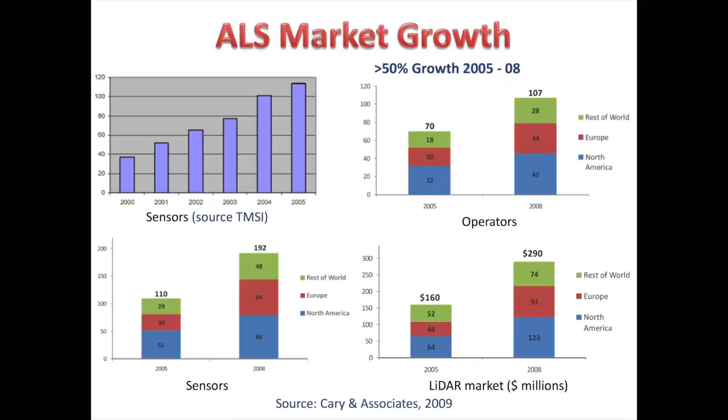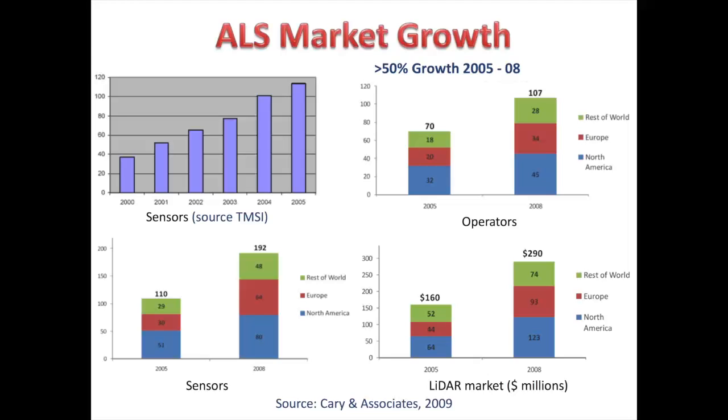Now, since 2005, the Carrier Associates report came out, and they looked at a few other indicators, and they stratified the market by different parts of the world. So if we look at the census example, in 2005 we got from 110 to 192, which again represents about a 50% growth over 3 years. And that level of growth is also reflected in the number of operators or service providers and the amount of expenditure within the market.